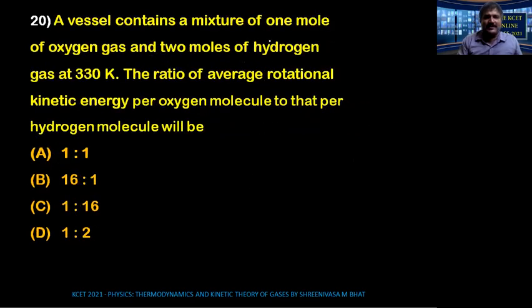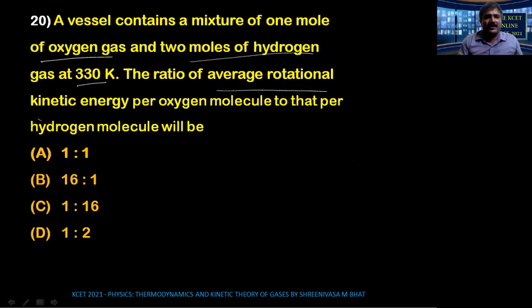A vessel contains a mixture of 1 mole of oxygen and 2 moles of hydrogen at 330 Kelvin. The ratio of the average rotational kinetic energy of the oxygen molecule to that of the hydrogen molecule will be. So we have to get the ratio of the rotational kinetic energy.